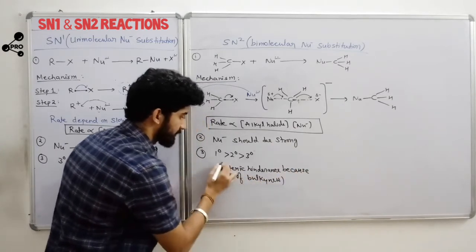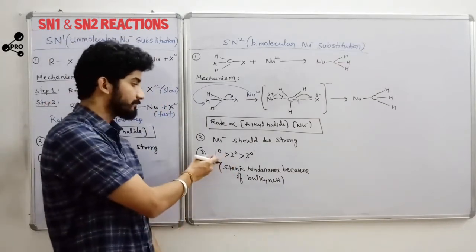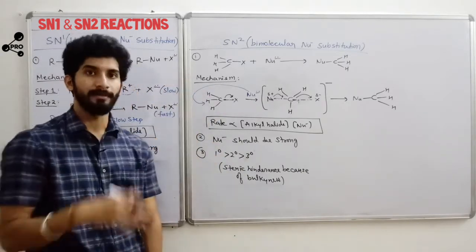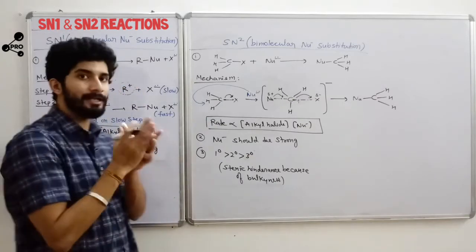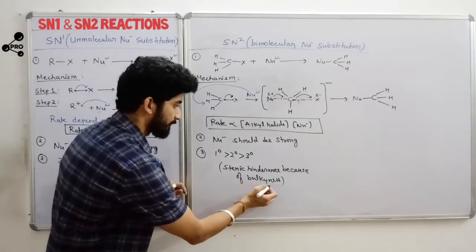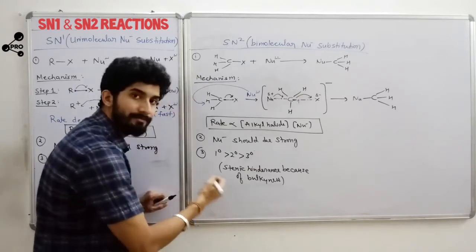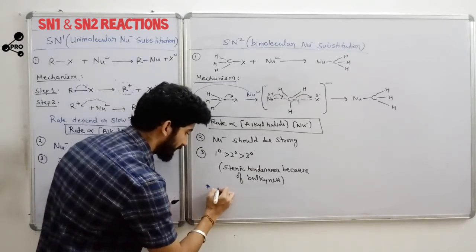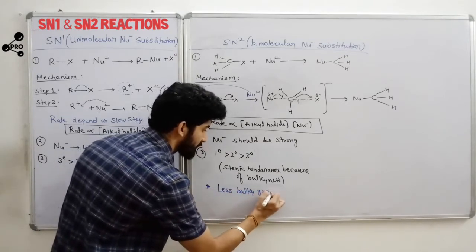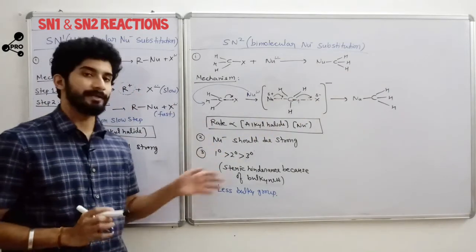Therefore we always have to select the least bulky alkyl part for the SN2 mechanism. If both alkyl parts are of the same degree, then we have to select the less bulky group. We will use this concept in our questions.